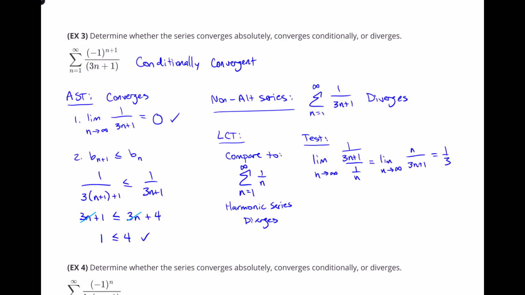So it depends on your instructor. You might be required to go ahead and prove the alternating series converges as well. But some instructors might just say, as long as you prove absolute convergence, that implies both. So just find out from your instructor what you need to do there.